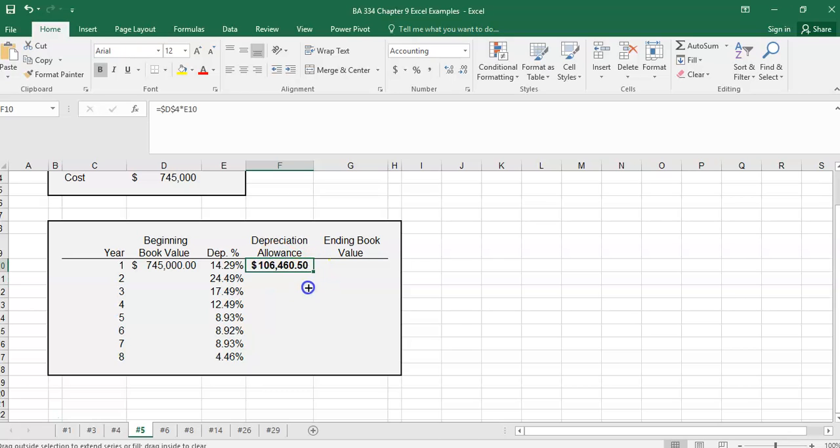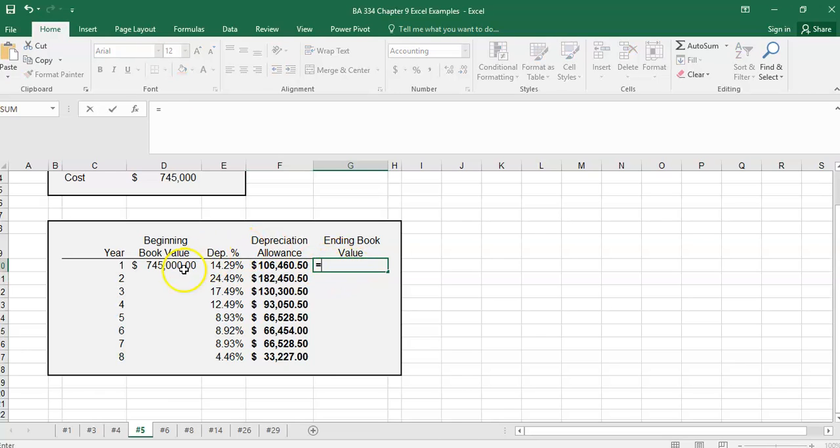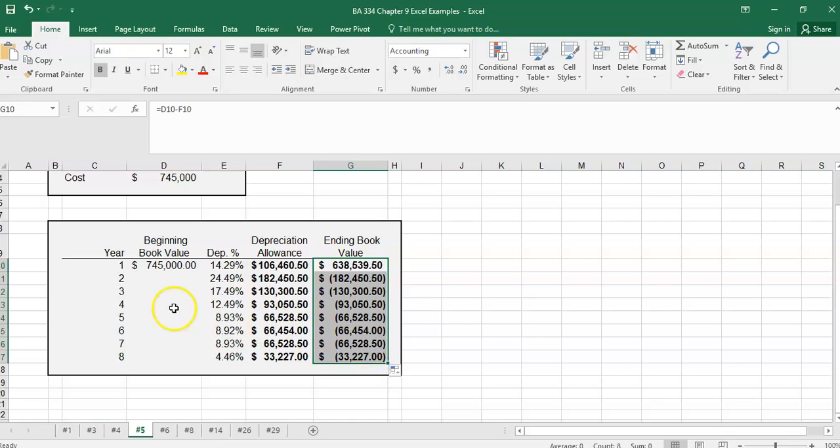I'm going to copy our formula down, and now we have the depreciation allowance for our entire 8 years. Then we're going to take our beginning book value minus the annual depreciation to get our ending book value, and copy that formula down.